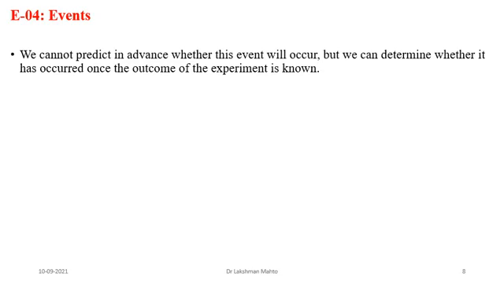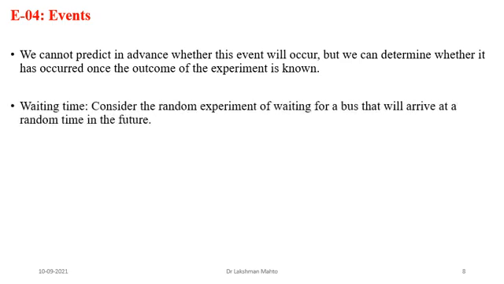Based on that, we will try to determine the probability of a particular event. If that event contains the outcome we have already seen, then it will talk about the occurrence of the particular event.